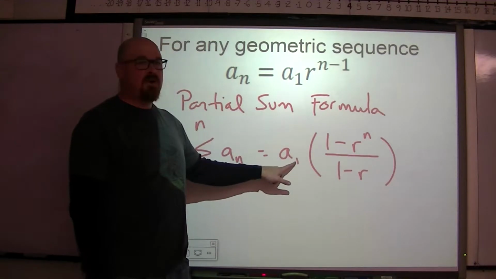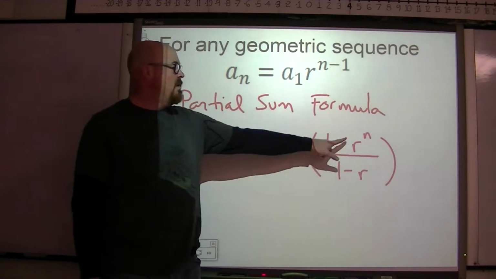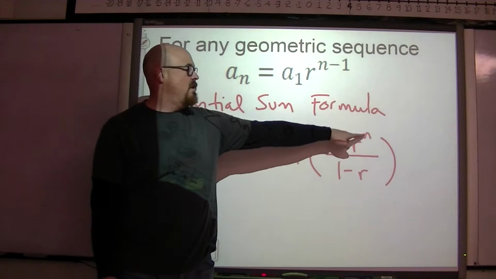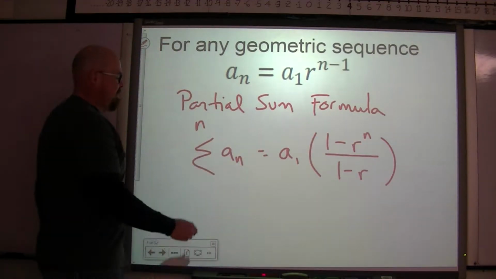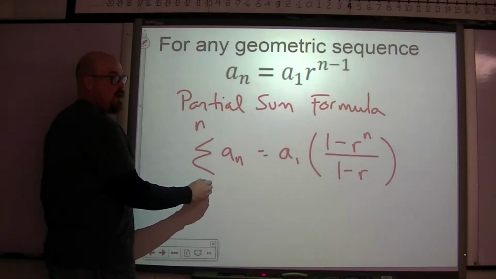Okay, again, the first term in the sum, the common ratio, the number of terms that are in the sum, right? That's why this is an n. Now this is provided that we start with 1.